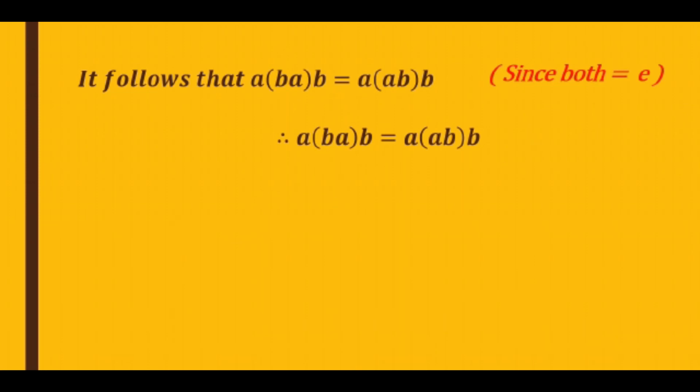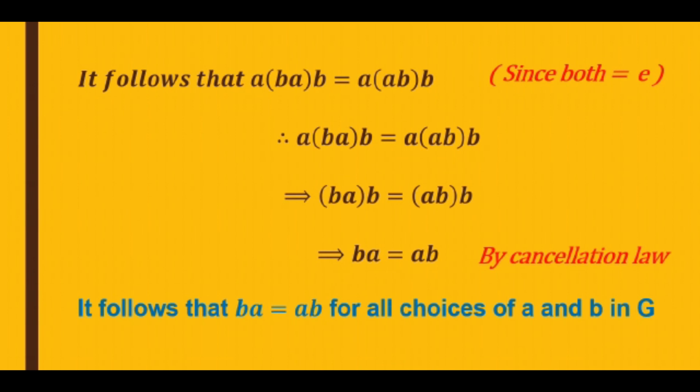We can simply divide by A in this case, then we get this, and we also divide by B, we get this. As you can see, we derived this equation by simply using our cancellation law. So basically it follows that BA is equal to AB for all choices of A and B in G. So we simply proved that G is commutative, so we can conclude that G is an abelian group since it is commutative.